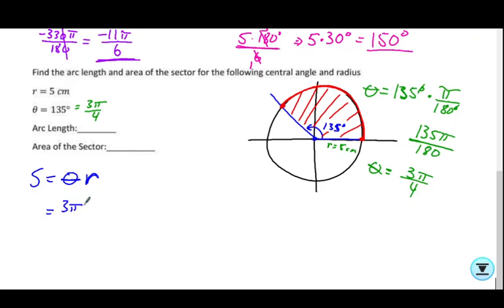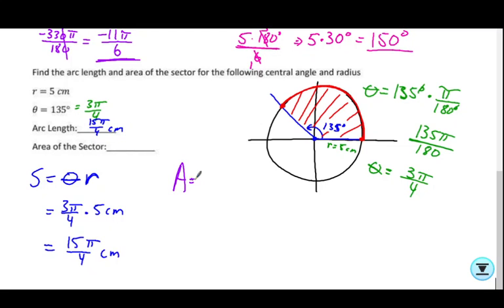So 3 pi over 4 times 5 centimeters. That means this is 15 pi over 4 centimeters. That's my answer.